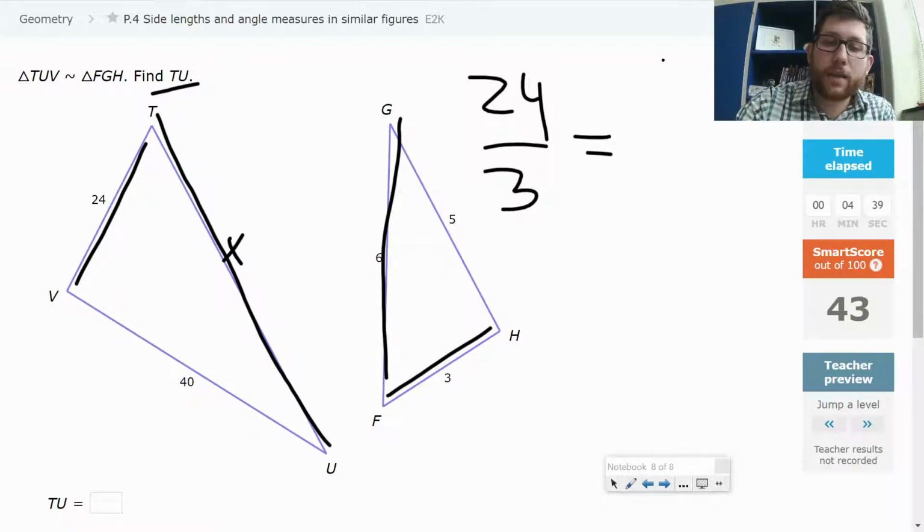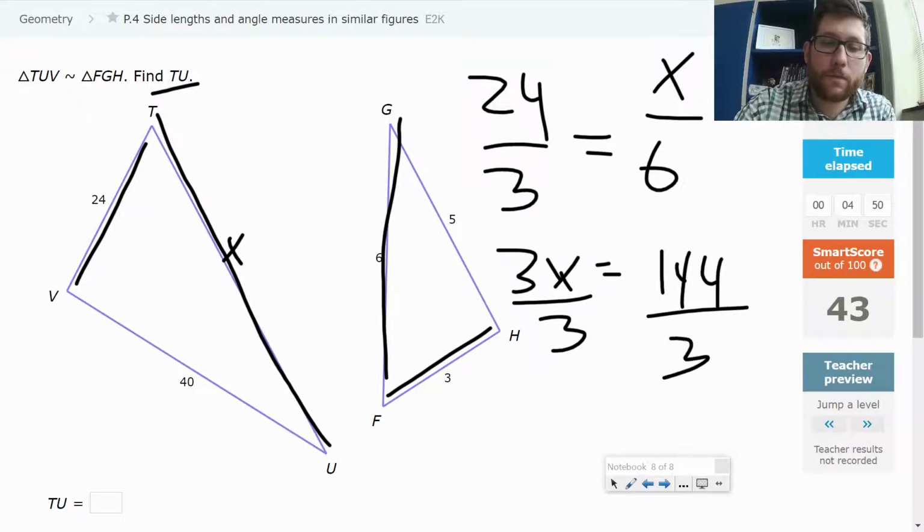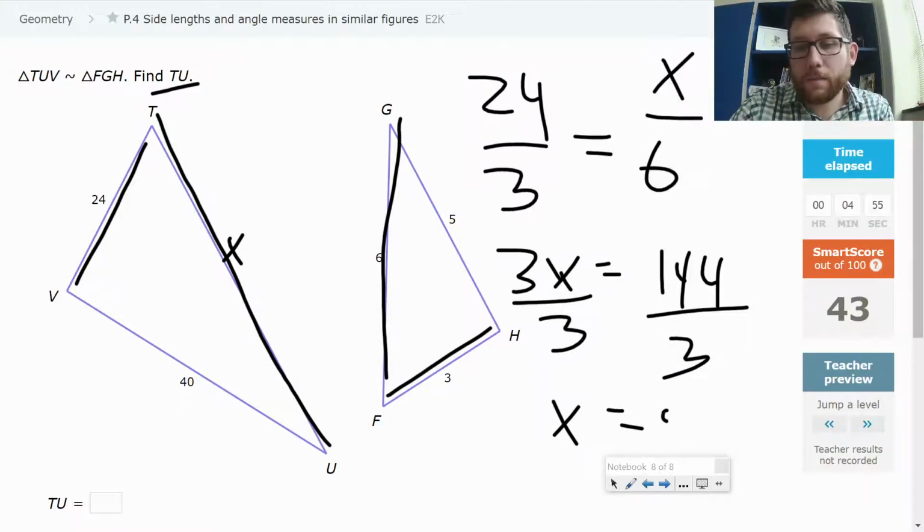There's my sides of 6. Cross multiply, 3X is equal to 144. Divide by 3, and that comes out to something like 48. Boom, done. So that's how that's going to go.